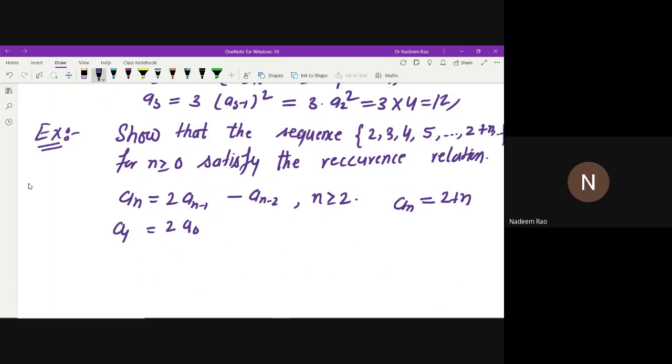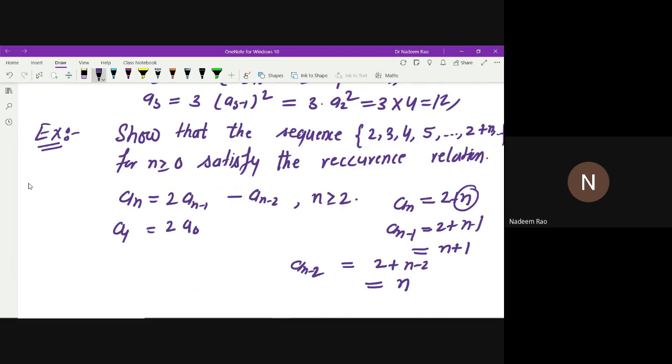So a_{n-1}: we put n minus 1 in place of n, then 2 plus n minus 1. It is n plus 1. Okay, n plus 1. So what about a_{n-2}? It will be 2 plus n minus 2, that is equal to n.